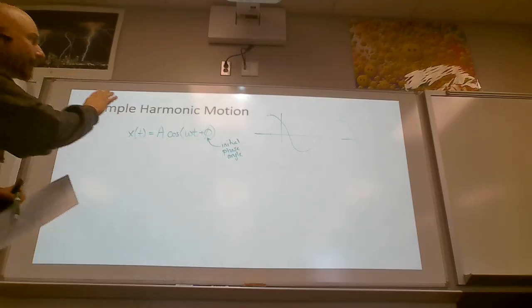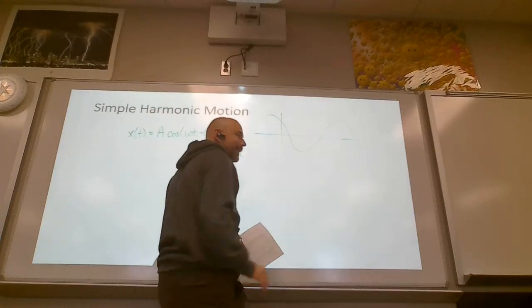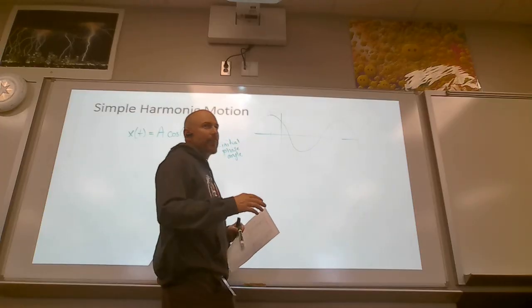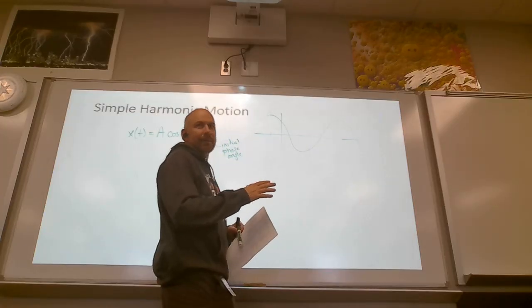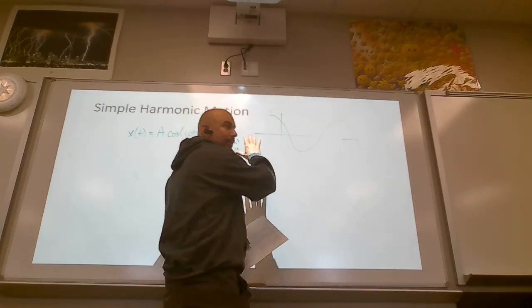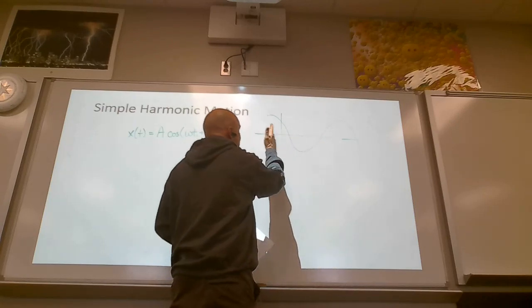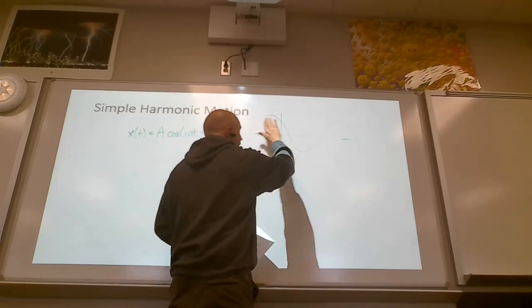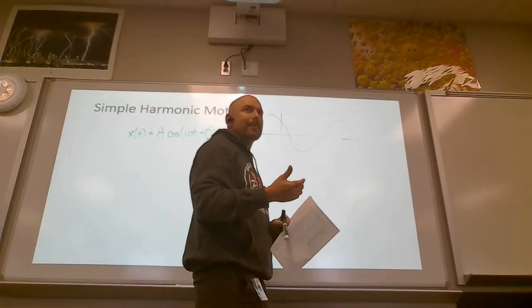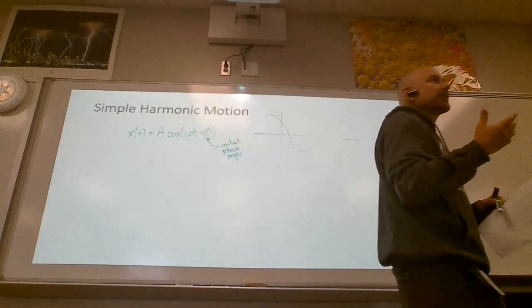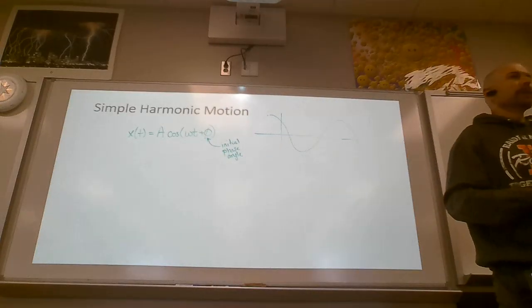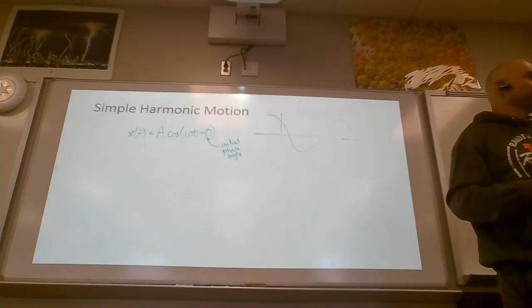And if it was like this way, please correct me if I'm wrong on that one. It's been a long time. If the graph goes that way, it's a negative phase. It just tells you your initial, where you're starting from.